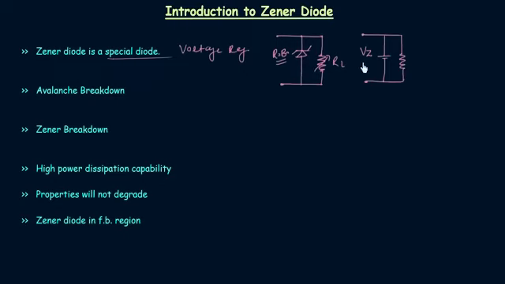We have different voltages for different Zener diodes. This is the varying load RL, and we can have the varying current with constant voltage. So the Zener diode is used for voltage regulation.